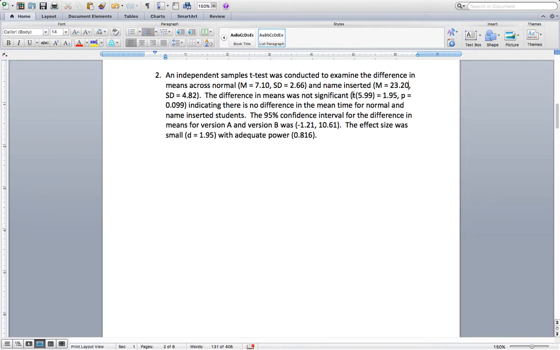Right here we say the t, which again says we're using the t distribution. When we have a degrees of freedom that is a decimal, that would always indicate that we have an unpooled t-test.